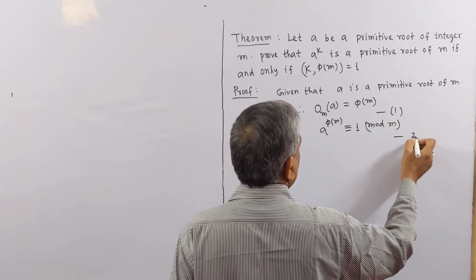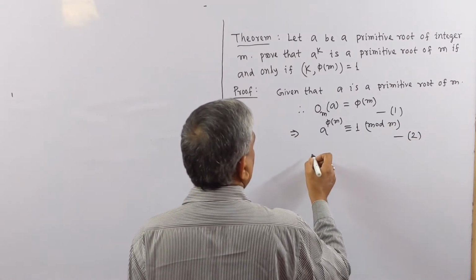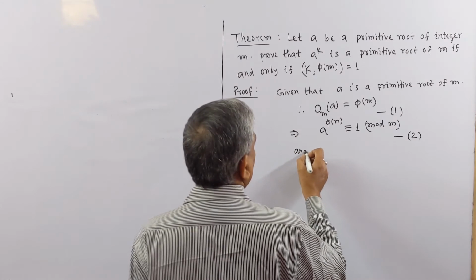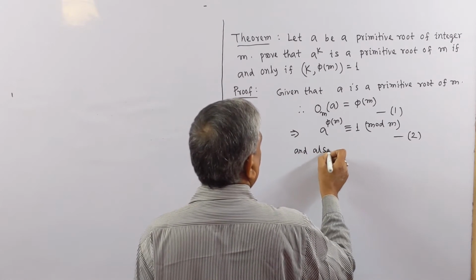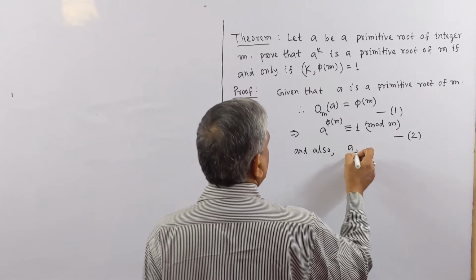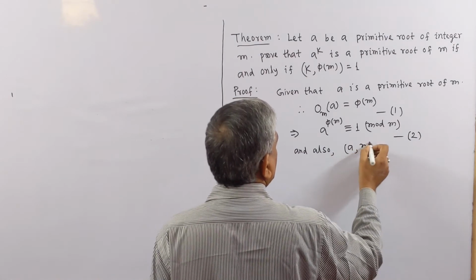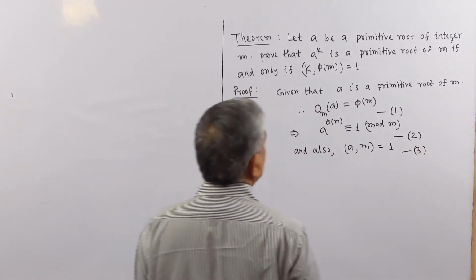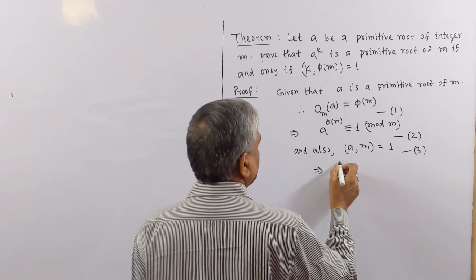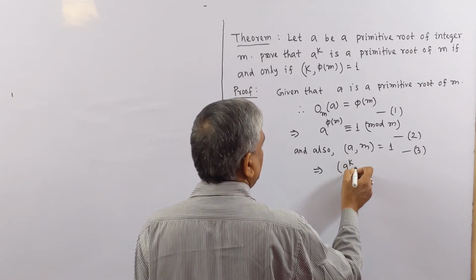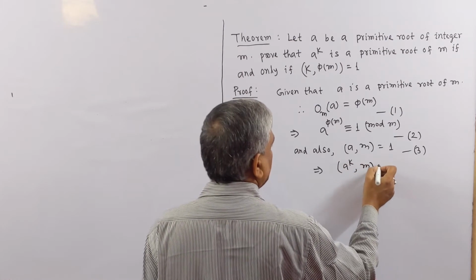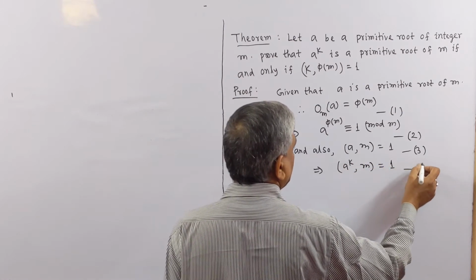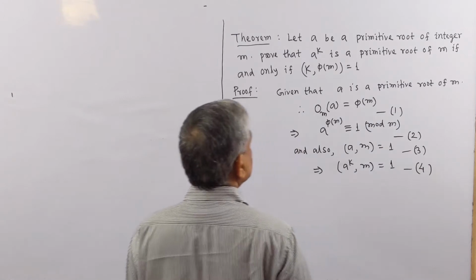This is number 2. And also GCD of a and m equals 1. This is number 3. Implies that GCD of a to the power k and m equals 1. This is number 4.